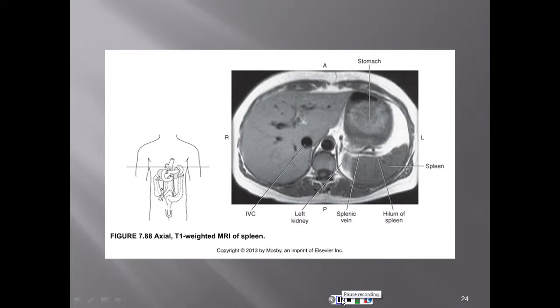Cross-sectional axial T1 weighted MRI of the spleen, and here we should be able to identify the IVC, aorta, the crura of the diaphragm. Of course, the spleen, we were just talking about the spleen, but also the splenic vein, the stomach, and the vertebra.